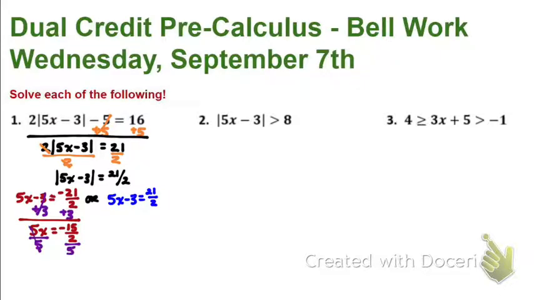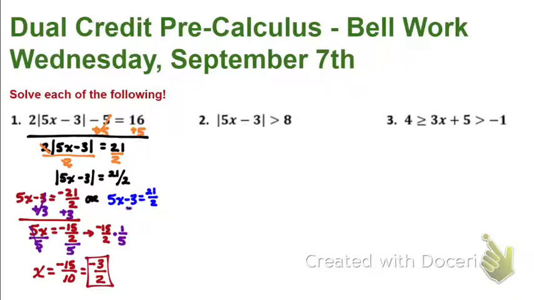Remember, dividing is the same thing as multiplying by the reciprocal. So when I do negative 15 over 2 divided by 5, that's the same thing as multiplying by 1/5. So I get that x is equal to negative 15 over 10, which I can reduce down to negative 3/2.